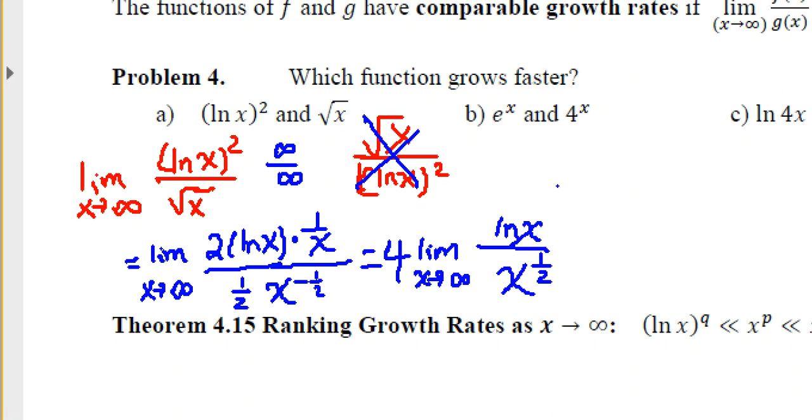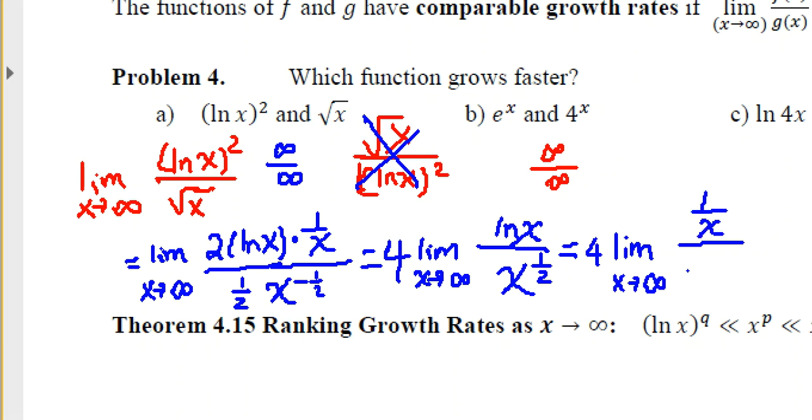Now, if you plug in infinity, you still have infinity over infinity. So therefore, you apply L'Hopital's rule one more time. You get 4 times the limit as x approaches infinity, the natural log of x, the derivative is 1 over x, and the derivative of x raised to the power 1/2 is 1/2 times x to the power negative 1/2.